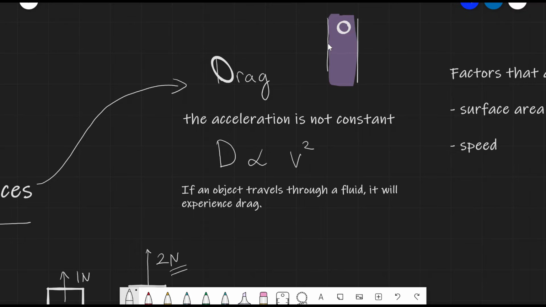If the ball bearing has a weight, let's say W, it will have a drag force which will initially be quite small, but as the object is picking up speed, eventually the two forces are going to be equal and the object will be reaching terminal velocity. So as the object is going down, the drag force is increasing. And it increases quite rapidly because drag force is proportional to the velocity squared.